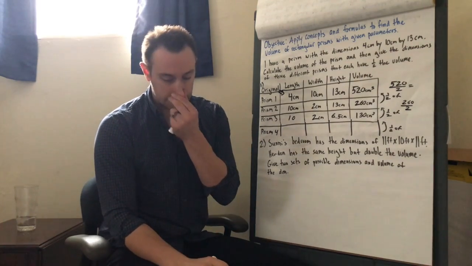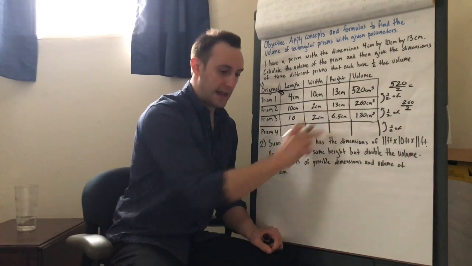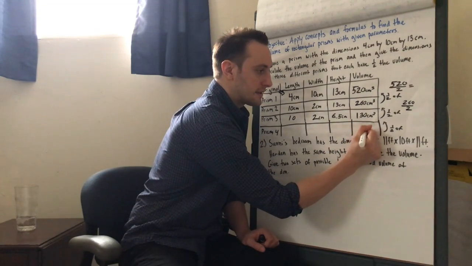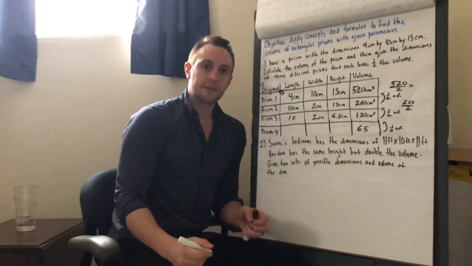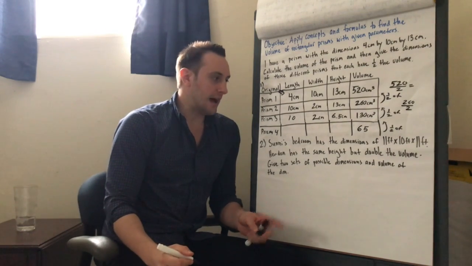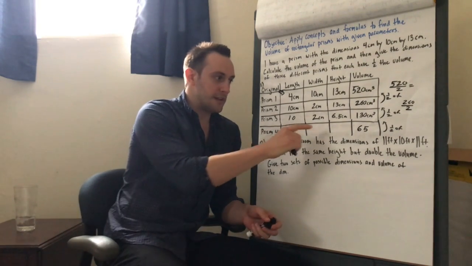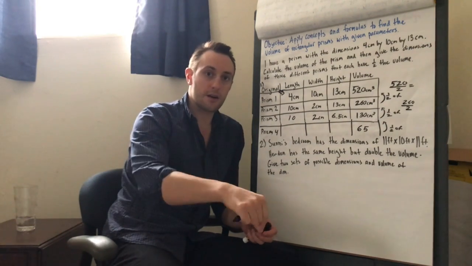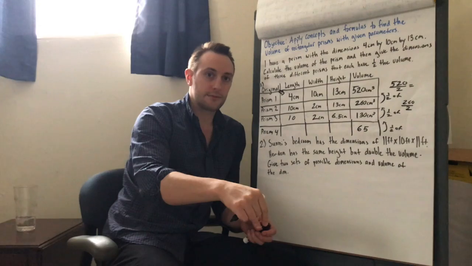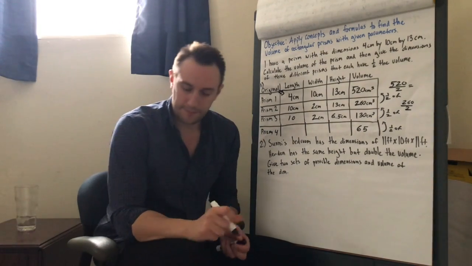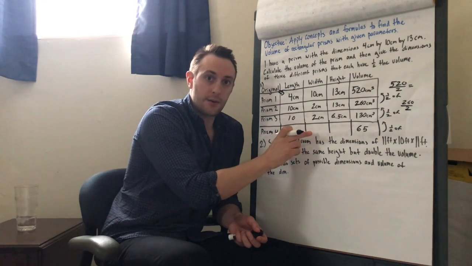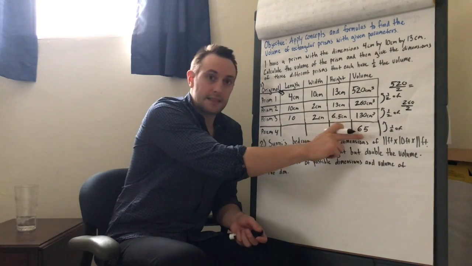Now the last prism, I have to do half of 130, which is 65. So I need 3 numbers that will give me 65. Pause the video here and figure that out. All right, now that I have you back, let's break this down.